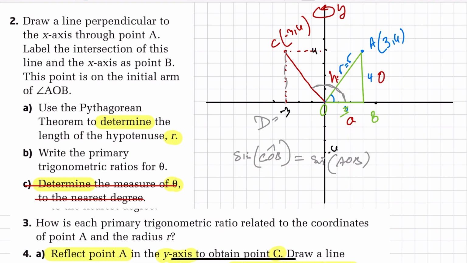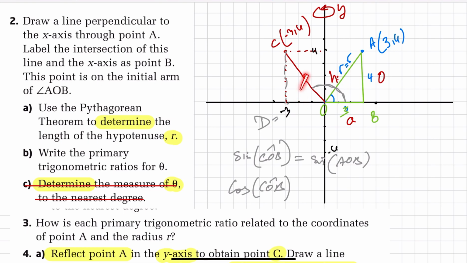However, the cos of COB is negative because it has x negative. They have the same r, but they have different x, which is just -1.